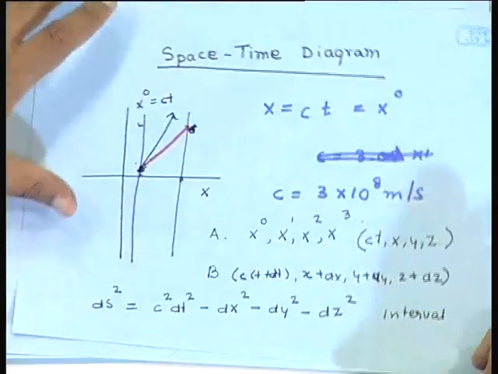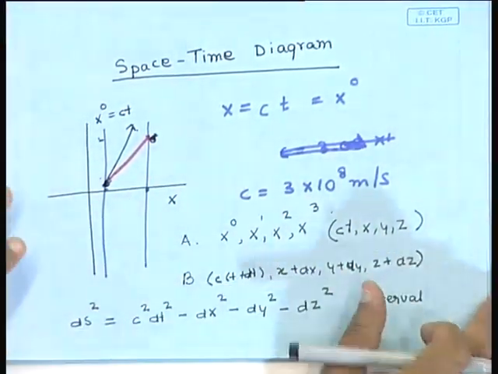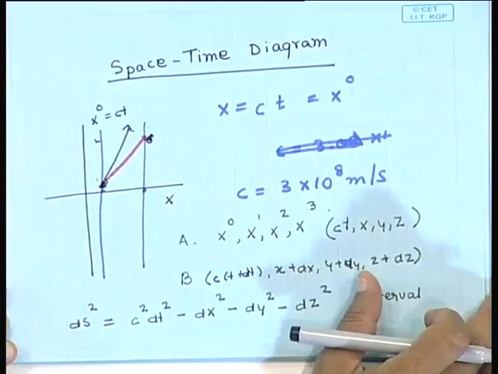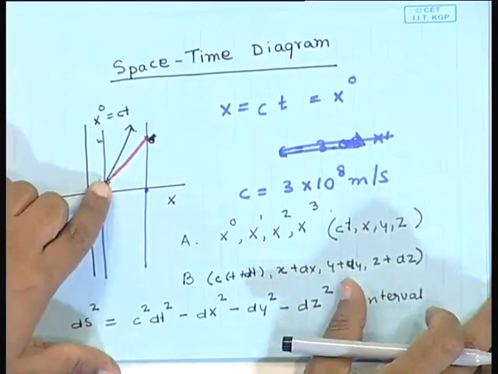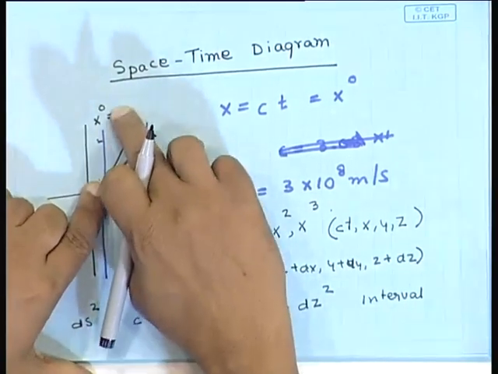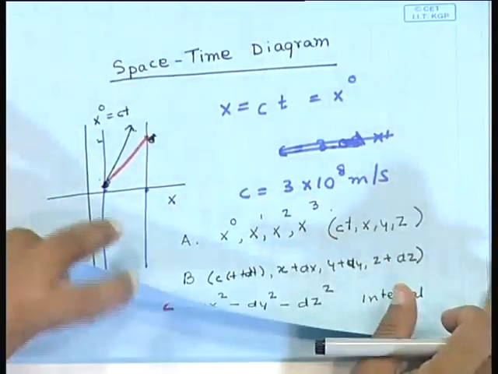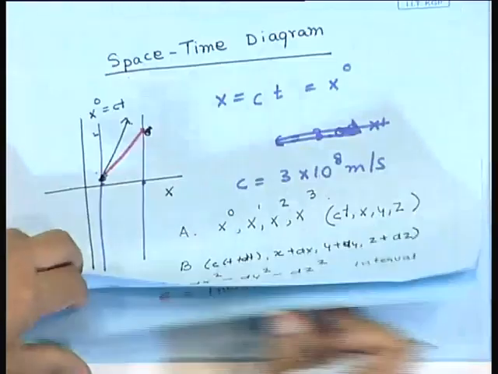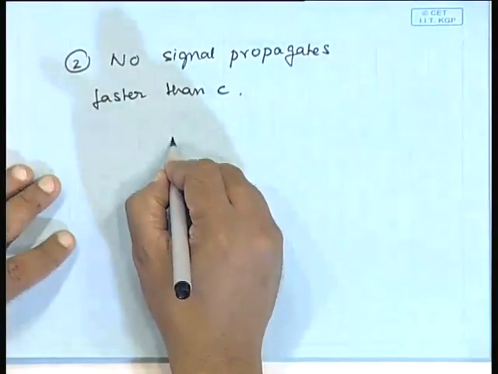Coming back to this picture, what we see is that if I send out a signal from this point, it can only propagate outwards inside, or let me redraw this, in the space-time diagram.